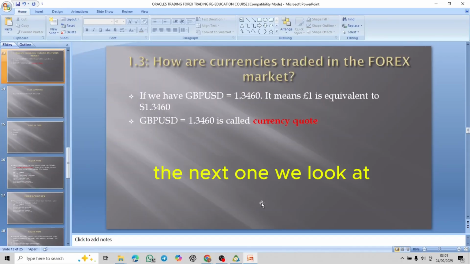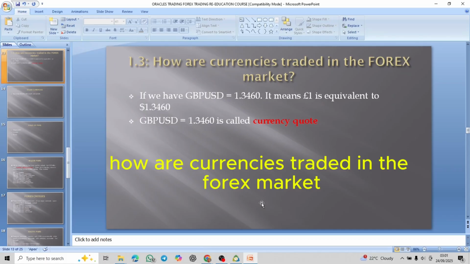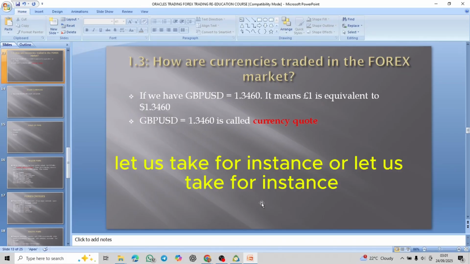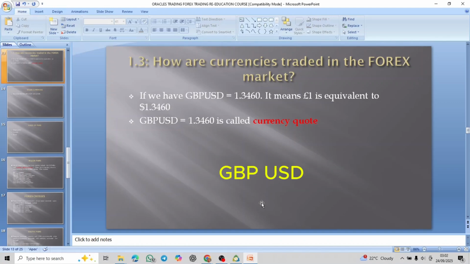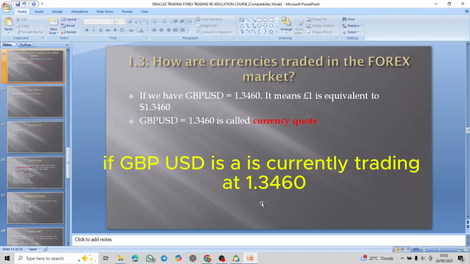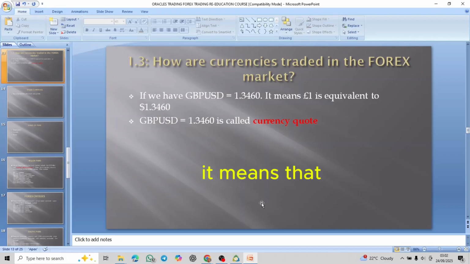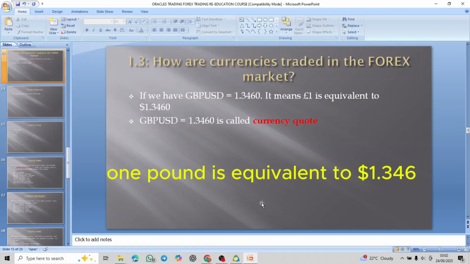The next one, we'll look at how currencies are traded in the Forex market. Let us take, for instance, GBP USD. If GBP USD is currently trading at 1.3460, it means that £1 is equivalent to $1.346.